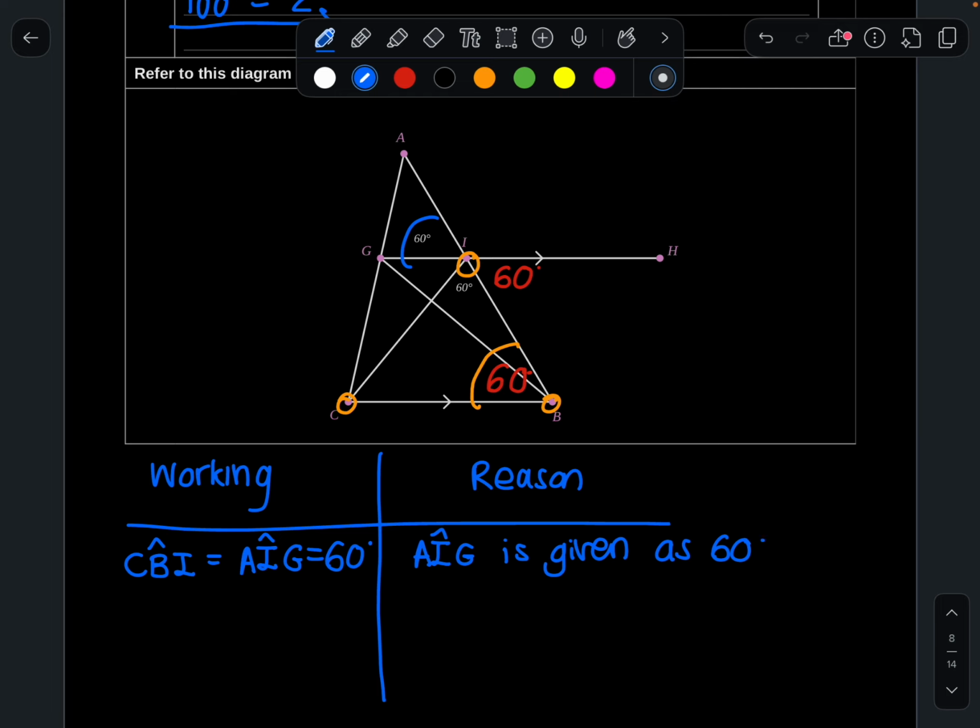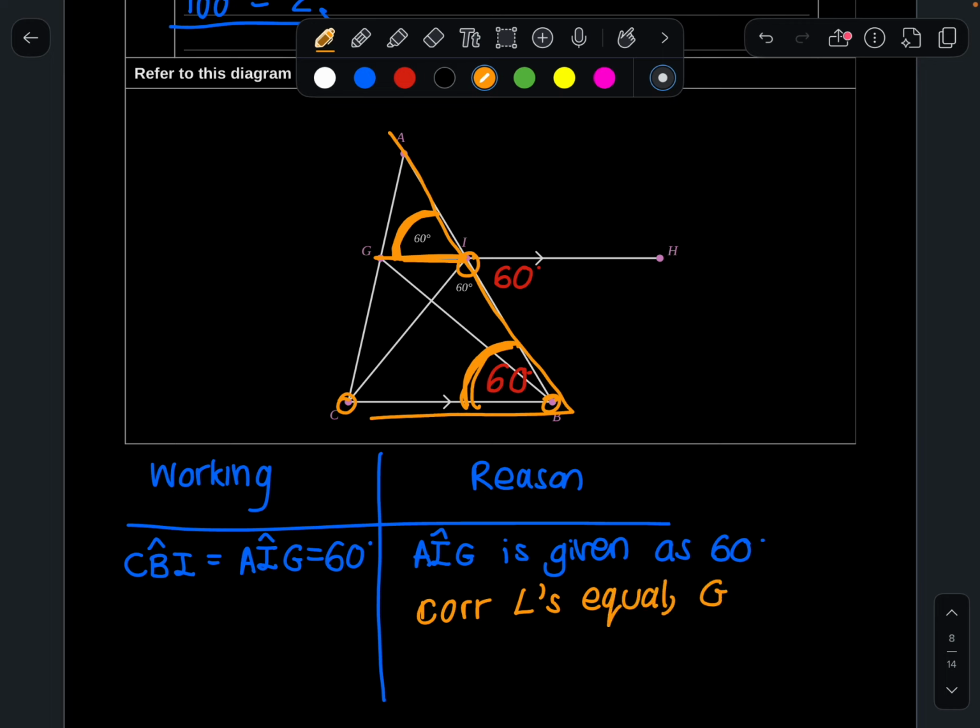Okay, AIG is given as 60 degrees, and what we did for this one is we actually used, no, corresponding angles. So it's this backwards F shape. That's why you can say this is 60, and so this is 60. So that is corresponding angles are equal, and then the lines are GH is parallel to CB.